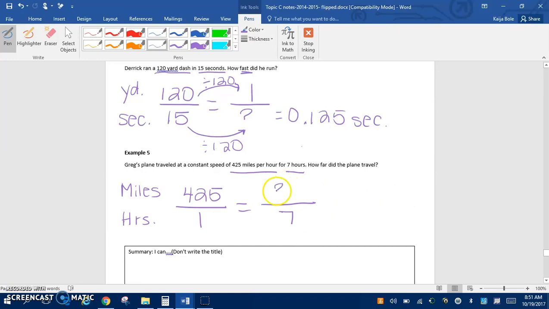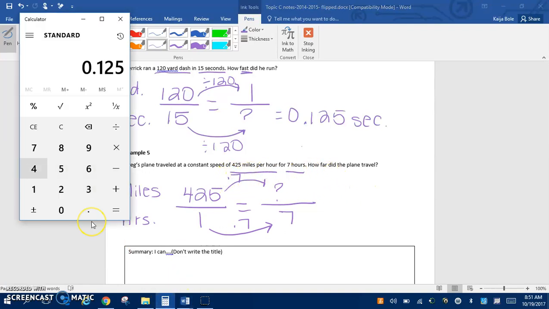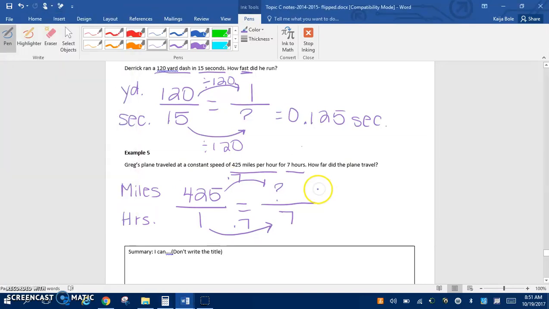They want to know how far did he go. So we ask ourselves, how do we get from 1 to 7? That means we multiply by 7. We're going to do the same thing on the top. In the calculator, 425 times 7 gives us 2,975. So this equals 2,975 miles. Alright, and that is all for this lesson.